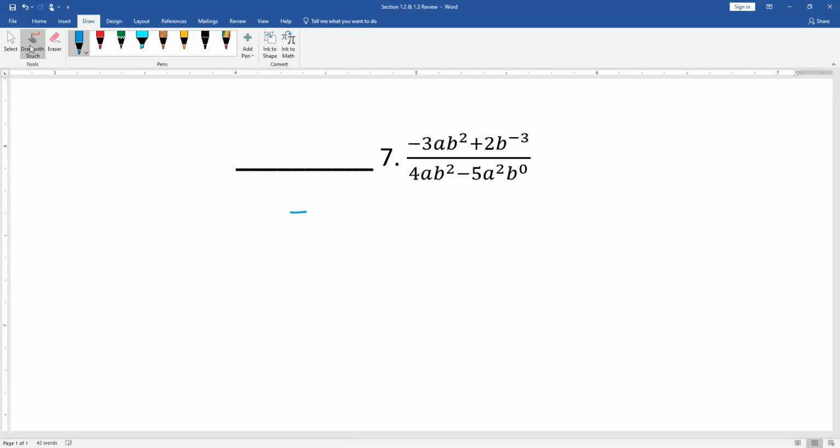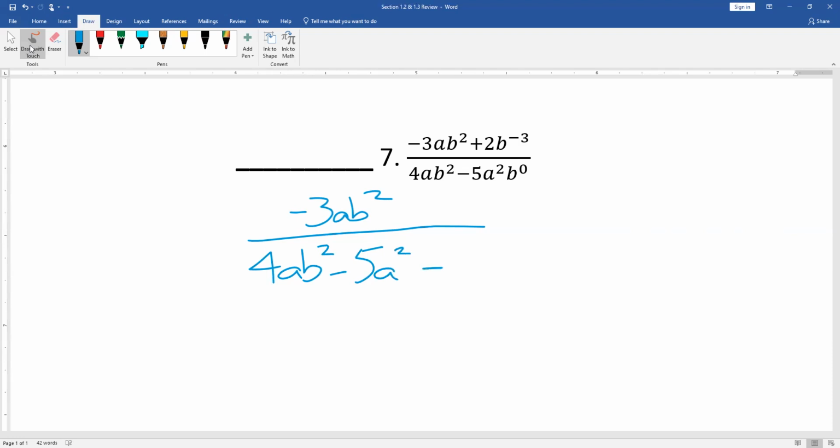So we end up with negative 3ab squared divided by 4ab squared minus 5a squared, plus 2b cubed.